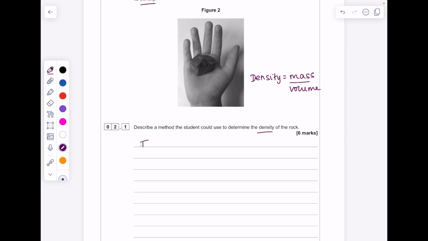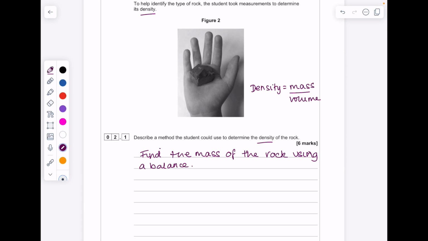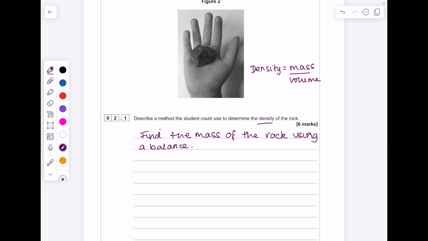So find the mass of the rock using a balance. Now, in order to find the volume of the rock, obviously it's an irregular shaped object, so we can't just times its length by its width by its height. I'm going to place it in a Eureka can and measure the volume of displaced water.